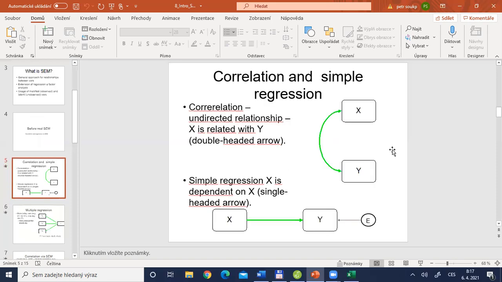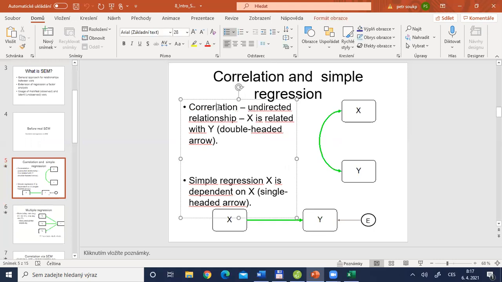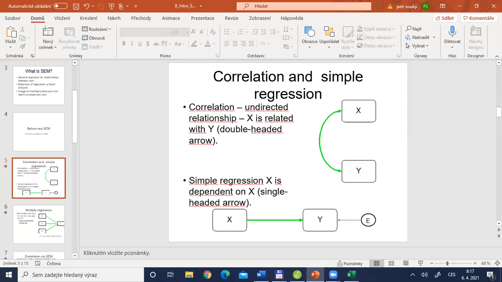Okay, let's start with the first picture. Sorry for my typo, I will check it and change it. Here we have the first two models and pictures that are related to these models.